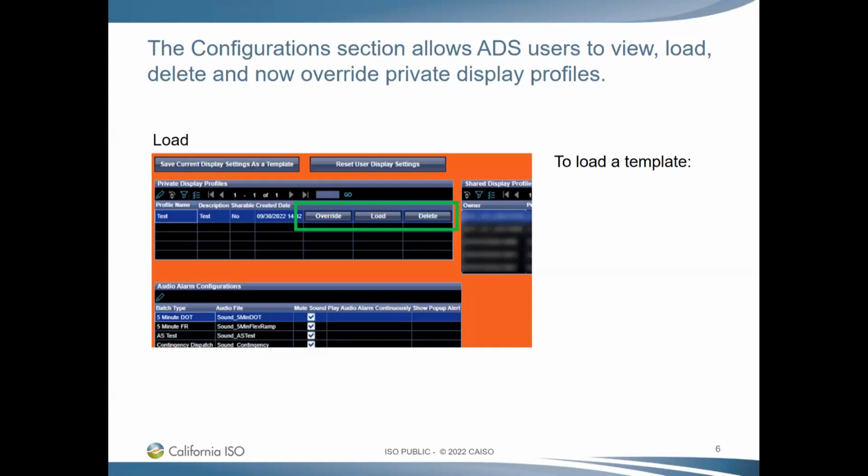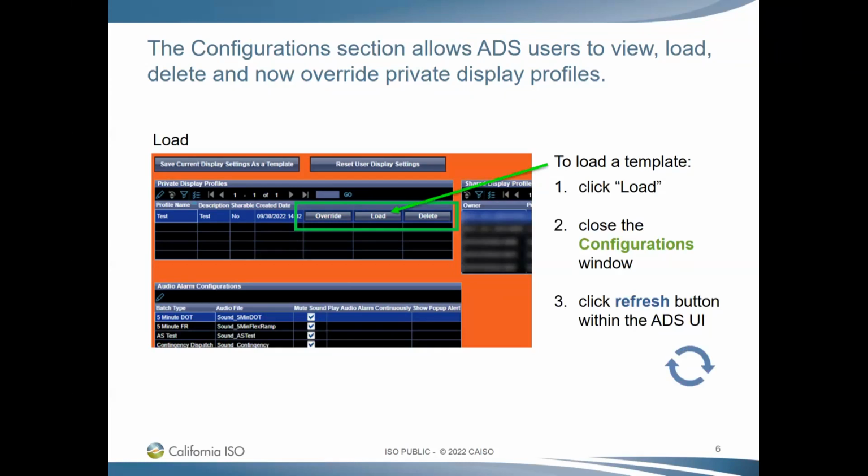Today, as it stands, in order to load a template, you would click the load button and then make your changes, click the load button, close the configuration windows, and then click the refresh button within the ADS user interface, the UI. It's very important to make sure that you're clicking that refresh button in order to make sure that those changes are now reflected for you.